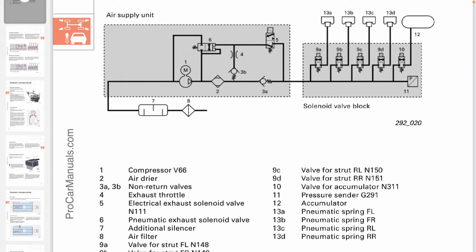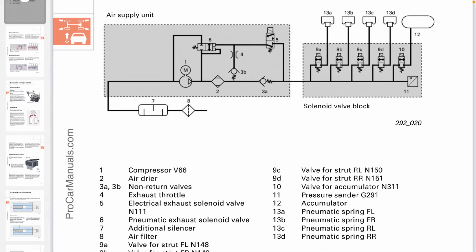But that kind of work will not occur because the compressor itself has an NTC, a negative temperature coefficient sensor, inside of it, which will shut off the compressor before overheating.